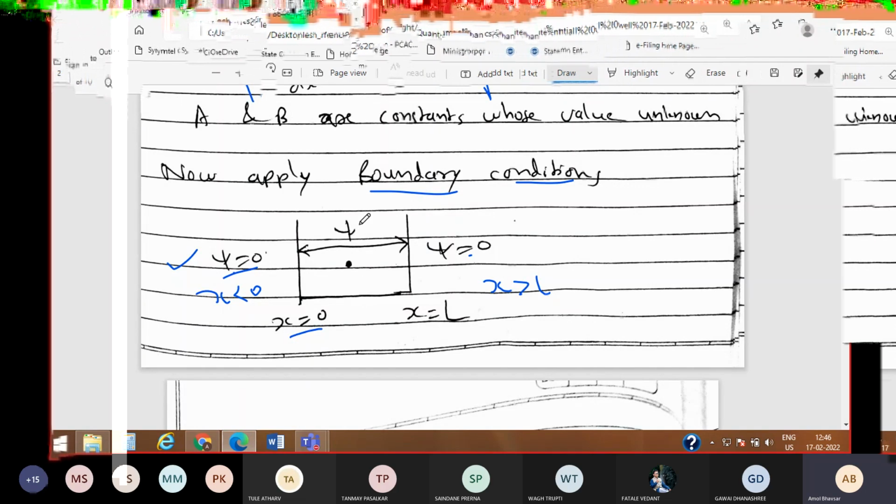So cos of 2n pi into l upon l minus cos of 2n pi into 0 upon l, since the value of x is 0. So this whole cos term becomes 0, constant multiplied by 0 gives 0. So cos 0 is nothing but 1.